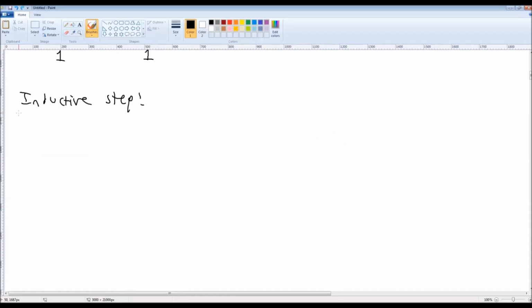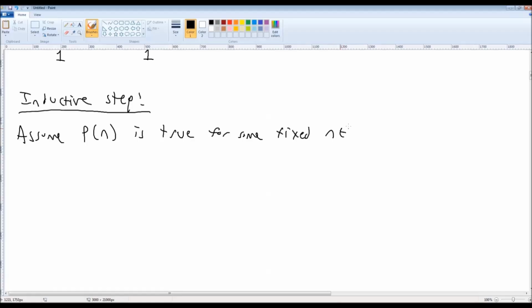So inductive step: assume that P of n is true for some fixed n, which is a positive integer. Okay, so what does that mean? Since we're assuming that it's true, that means that the sum of numbers from 1 to n is equal to this.